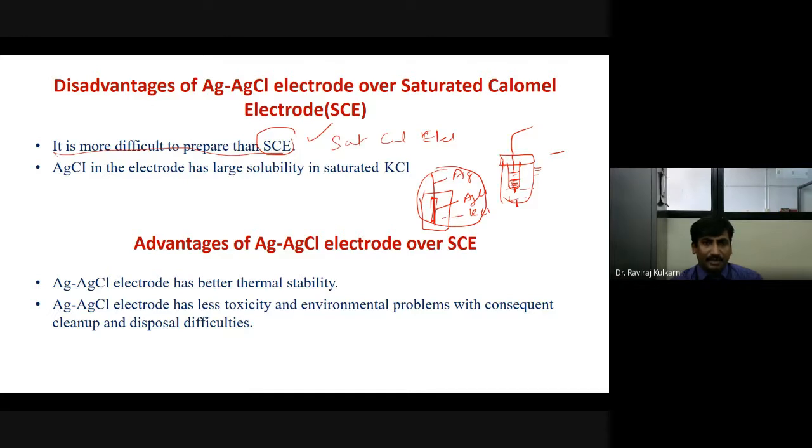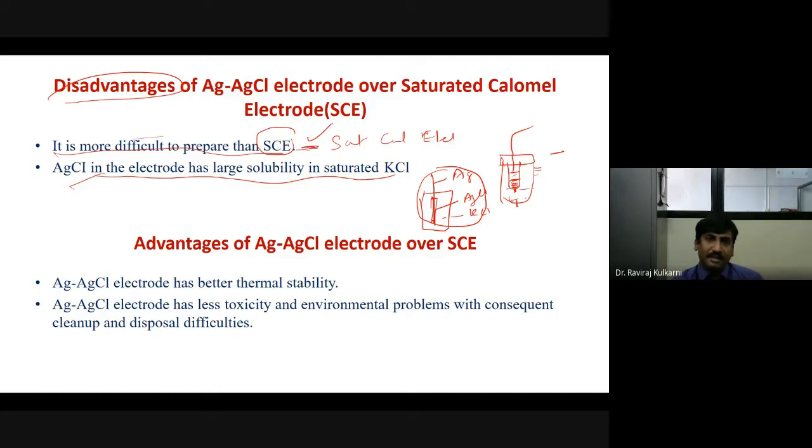The AgCl electrode has a large solubility in KCl solution. That's another problem with AgCl. Okay, this should not be a disadvantage actually here. This is an advantage of AgCl.